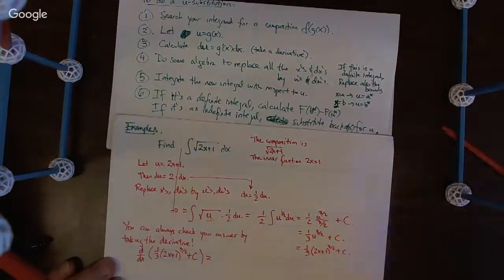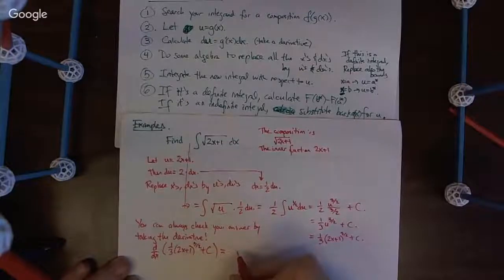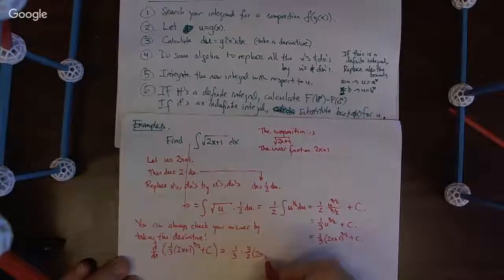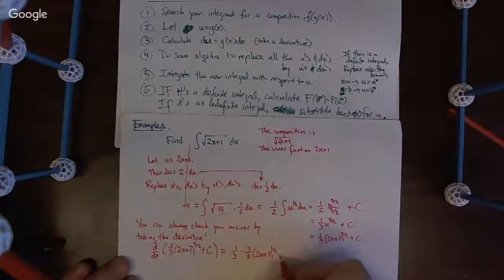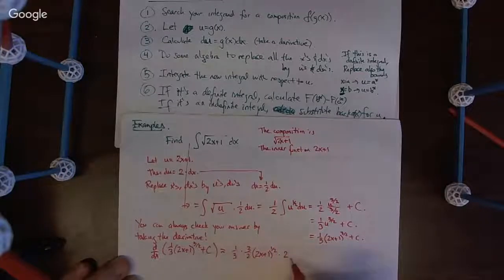We get 1/3 times 3/2, 2x plus 1 to the 1/2, times the derivative of the inside, times 2. 1/3 times 3/2 times 2 is 1, and we get 2x plus 1 to the 1/2, which is what we started with. Yay!